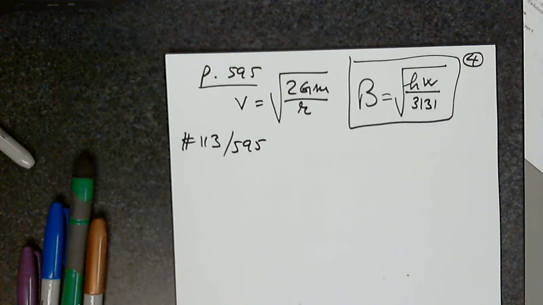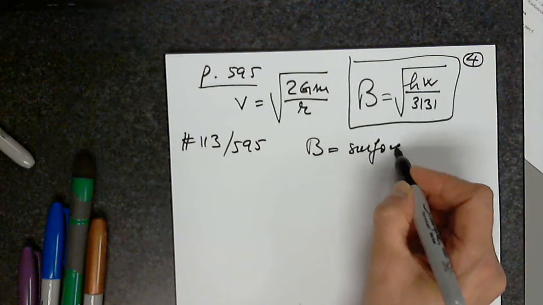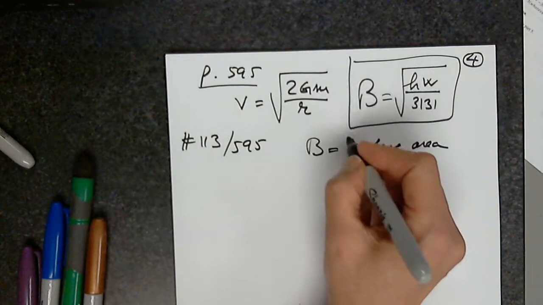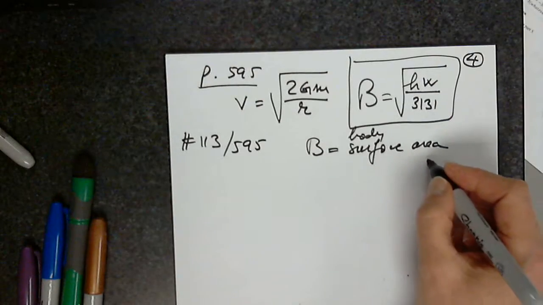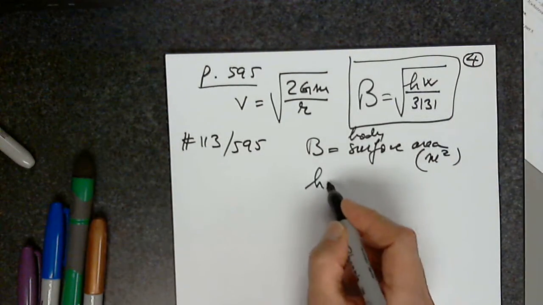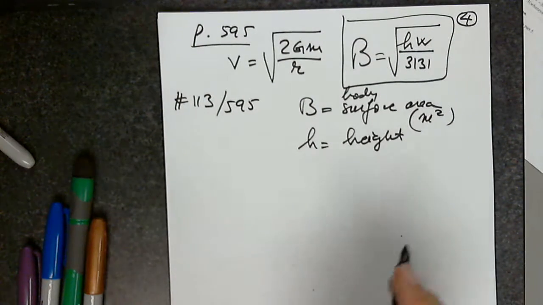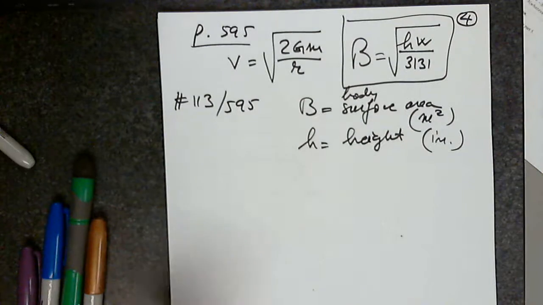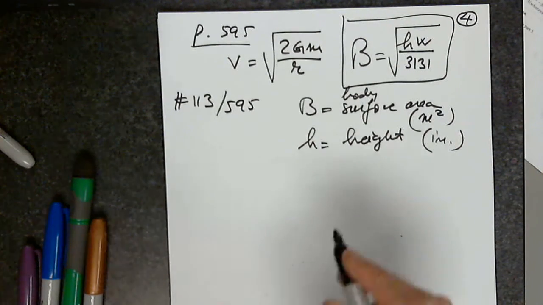It says where B is the individual's body surface area, in square meters, H is the individual's height in inches, and W is the individual's weight in pounds.